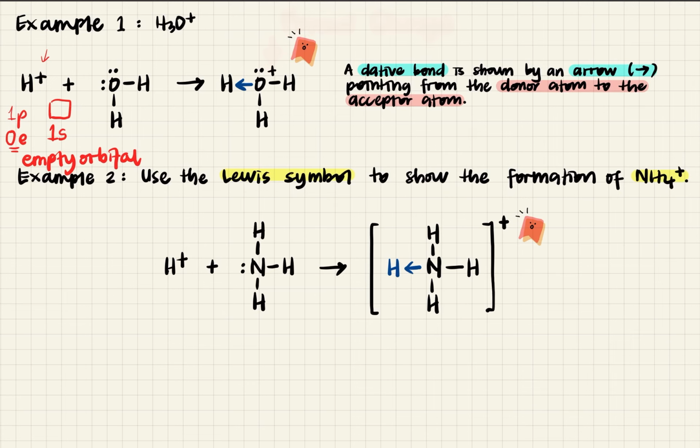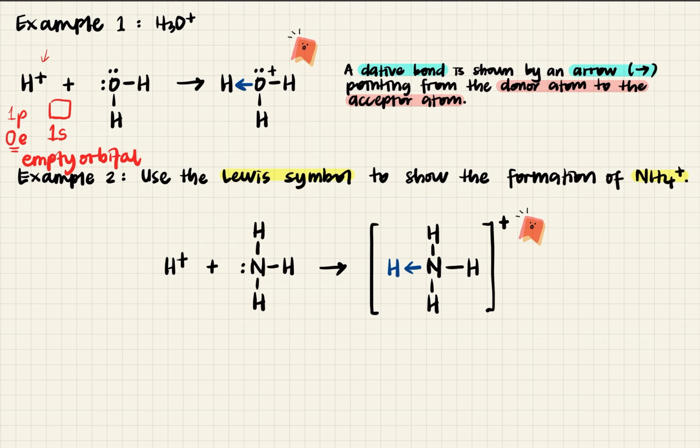Okay. So example 2, let's say the question asks you to use Lewis symbols to show the formation of NH4+. Okay. So you will break down NH4+ by taking out the H+. So H+ is a good example of an ion with an empty orbital.